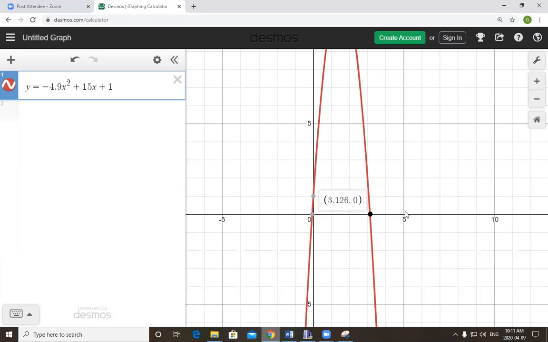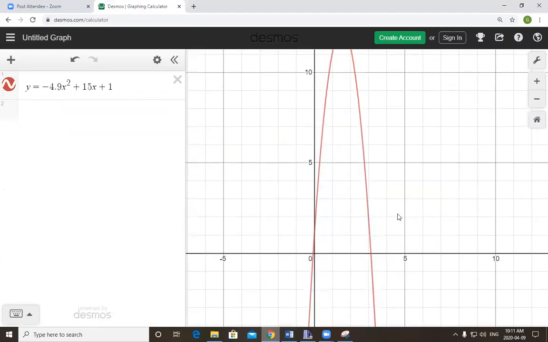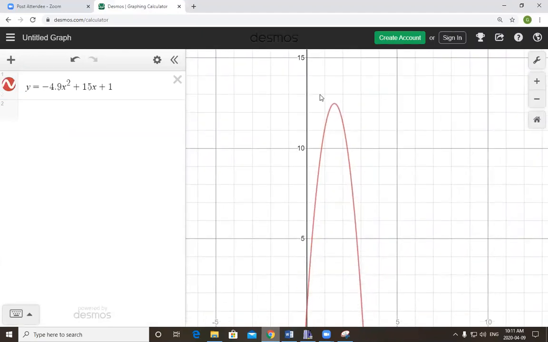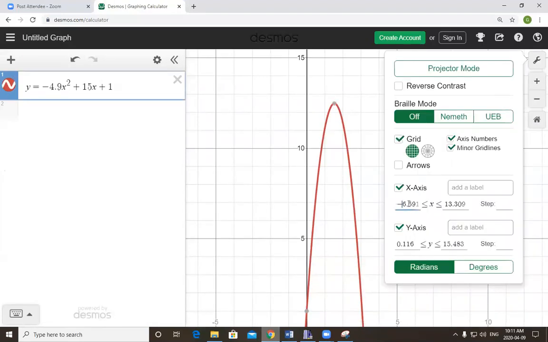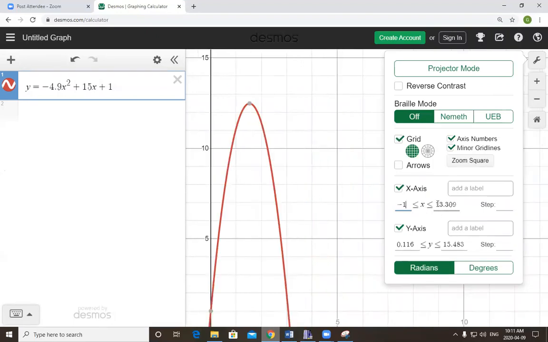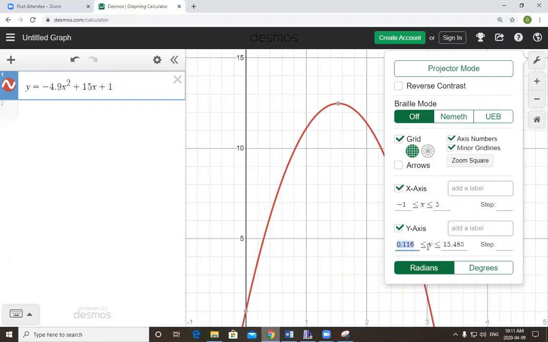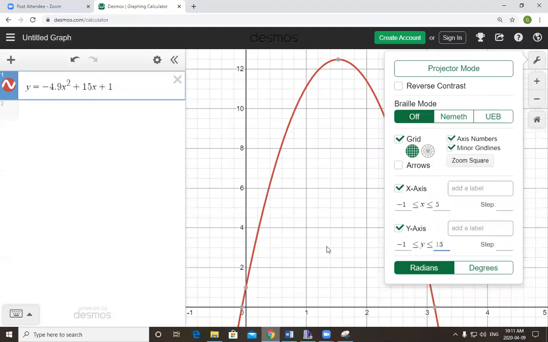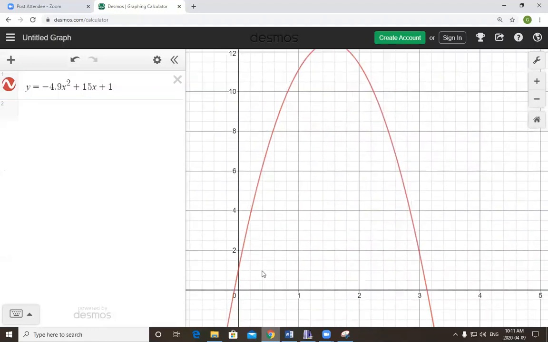So I'm going to make the x between 0 and 5, and the y, I'm not going to make it past 13. So just to keep the x and y axes, I'll go from -1 on the x to 5 and -1 on the y to 13. And again, why we do this is it just keeps the axes there, including the negative.